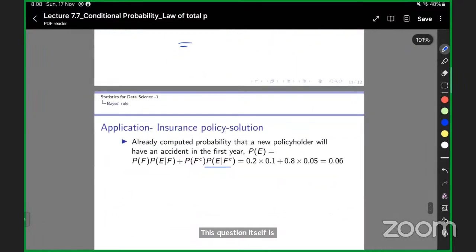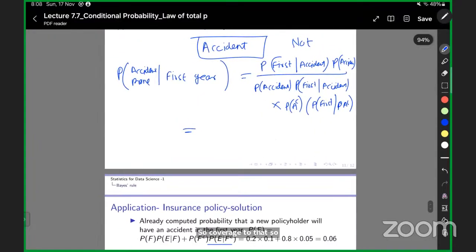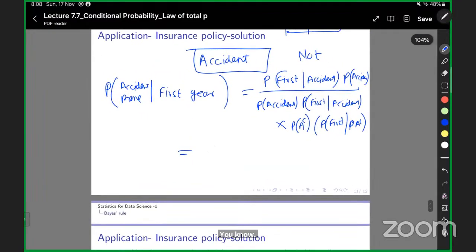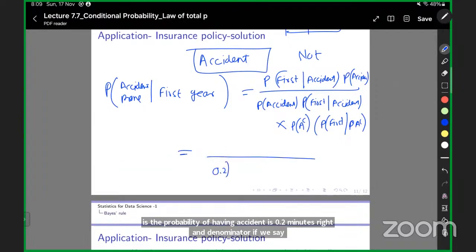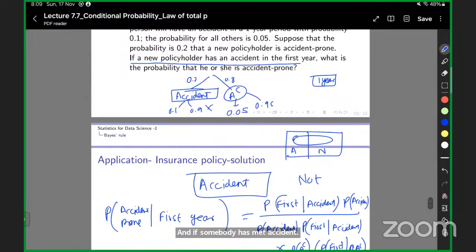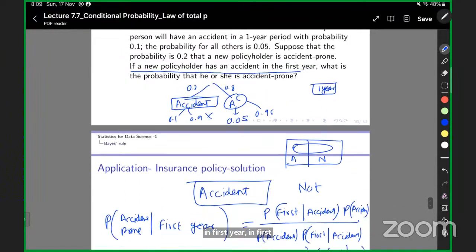So how will you do that? We know, okay, what are the things we know? The probability of having an accident is 0.2 in the denominator, right? If somebody has met an accident and he is in first year, that is going to be 0.1, right?